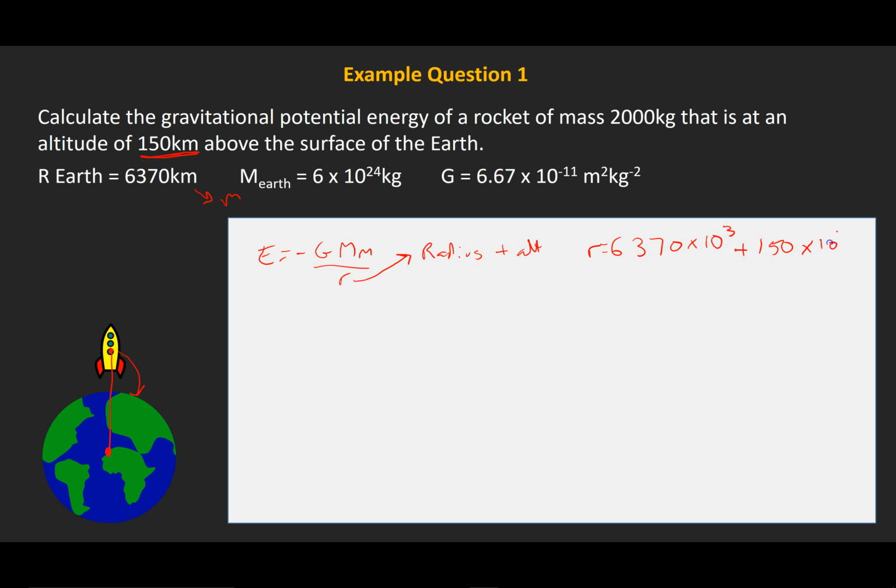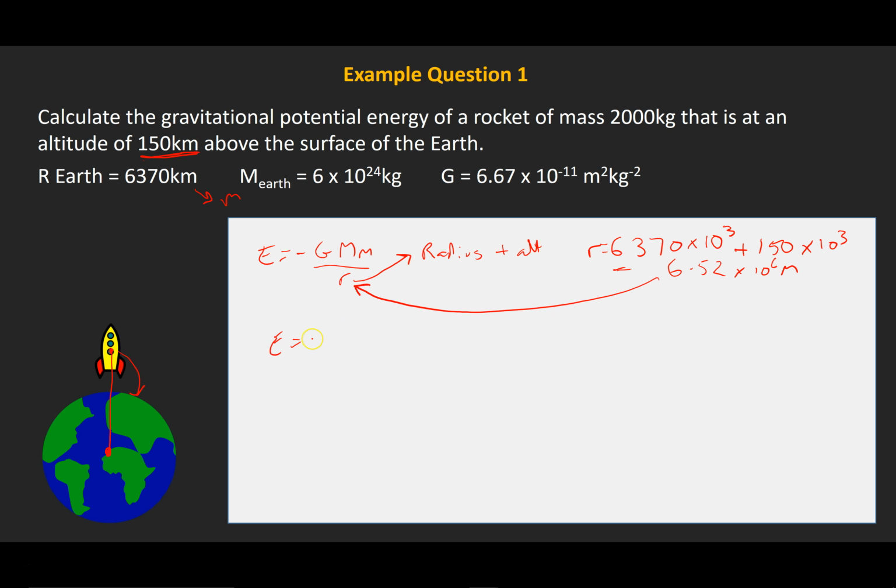So again, times 10 to the 3 to get it into metres. That gives us an answer of 6.52 times 10 to the 6 metres. So whenever we do these questions, first of all, make sure you've converted back into metres. Now we plug that into our equation.